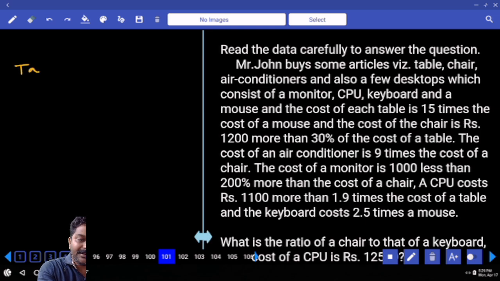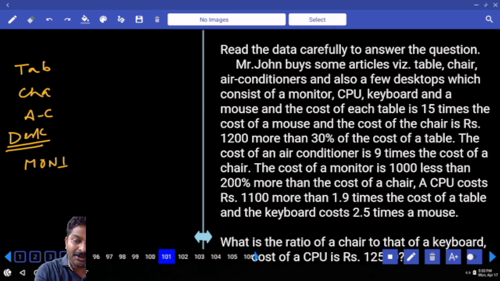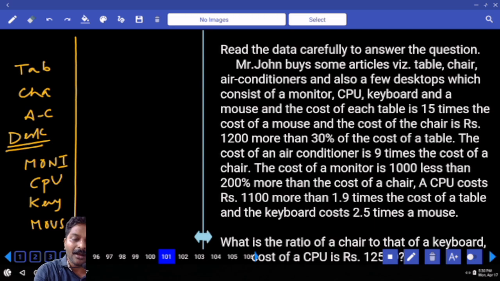He is buying tables, chairs, air conditioners and desktops. A desktop includes a monitor, CPU, keyboard and mouse, all together. Okay, continue.